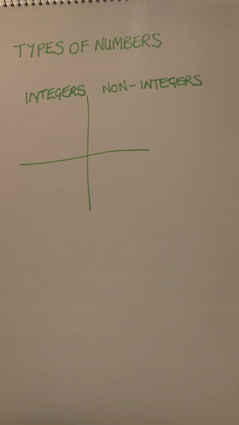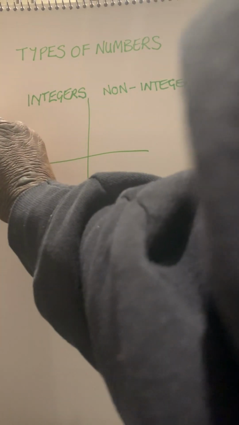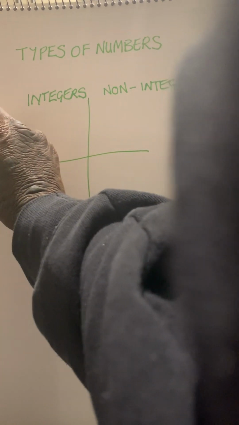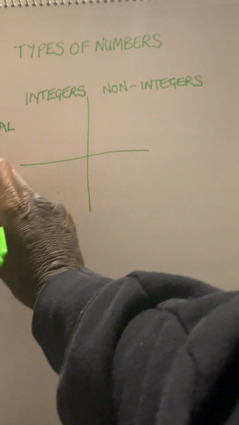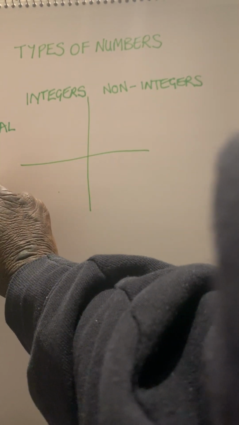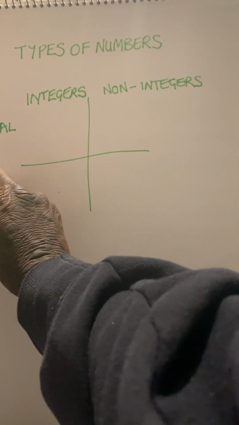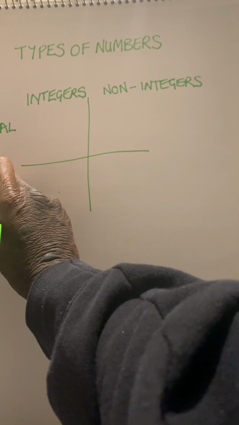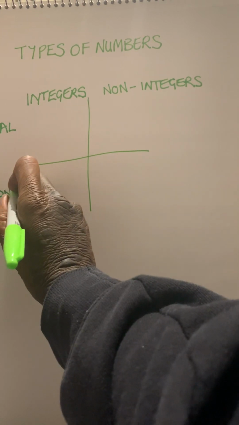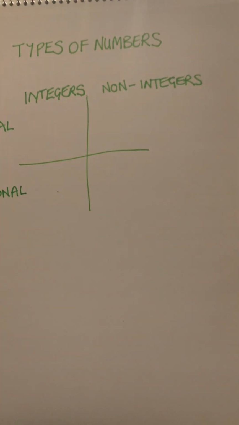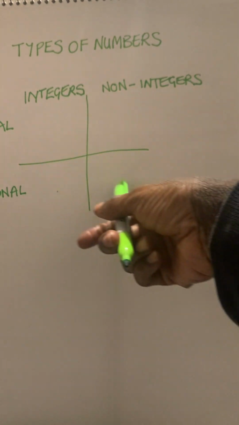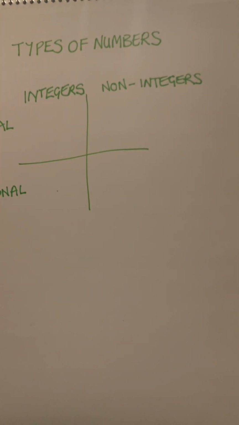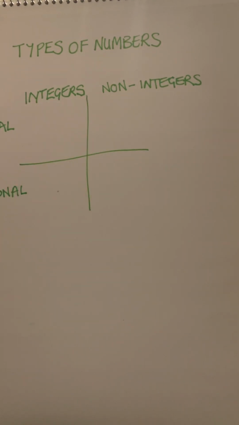So we're also talking about rational numbers and irrational numbers. I'm going to put in some examples in these squares so you see what I'm talking about.